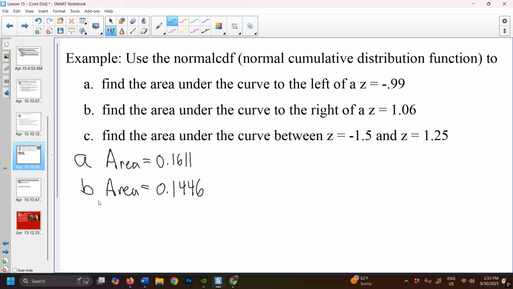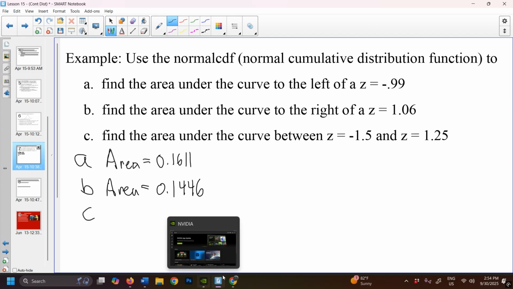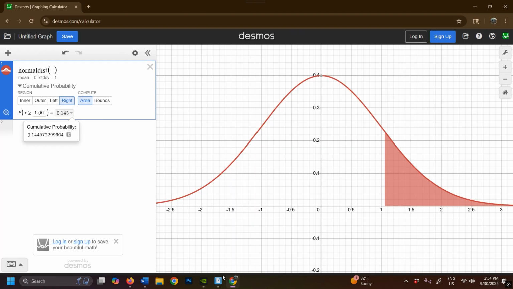And then finally, for the area under the curve between these two z-scores, negative 1.5 and positive 1.25, I am going to change the region to the inner value, and then it puts x between two values.